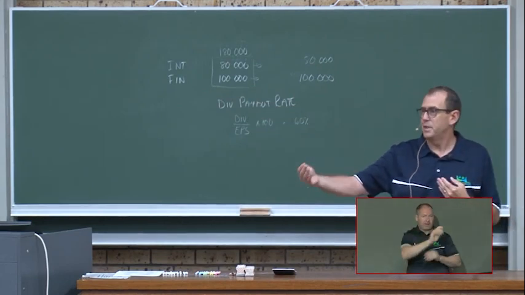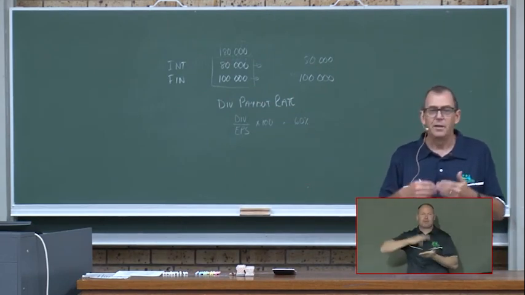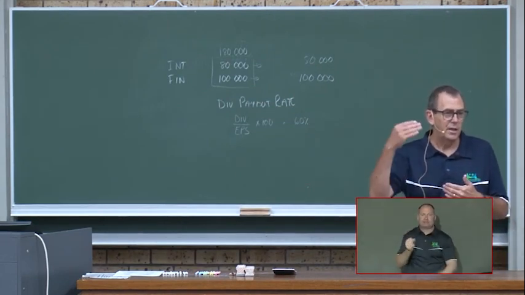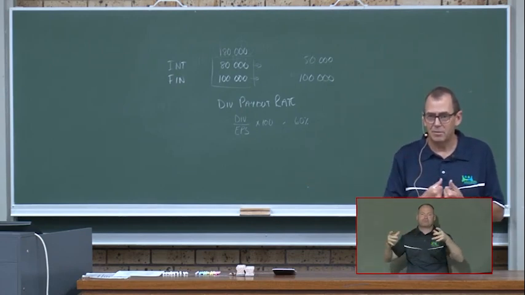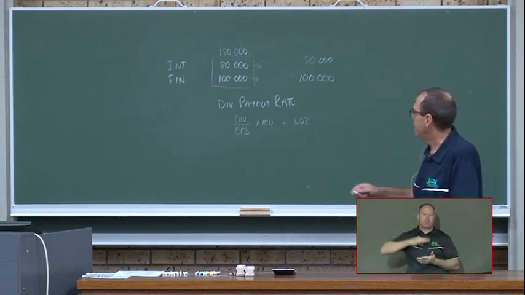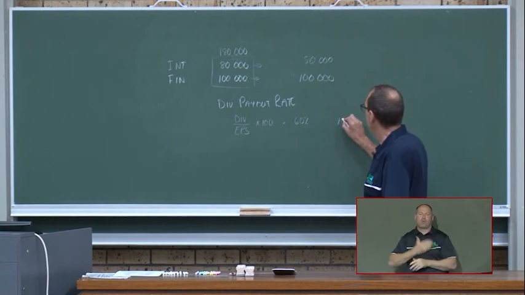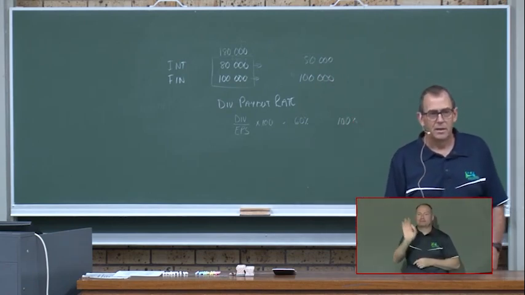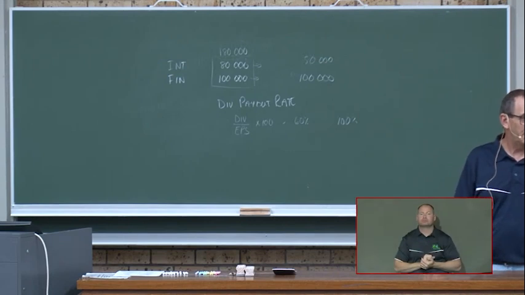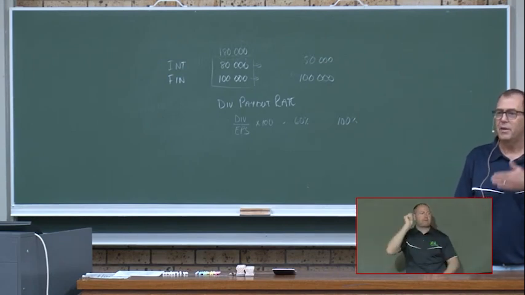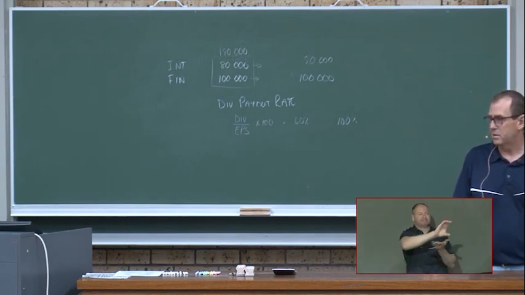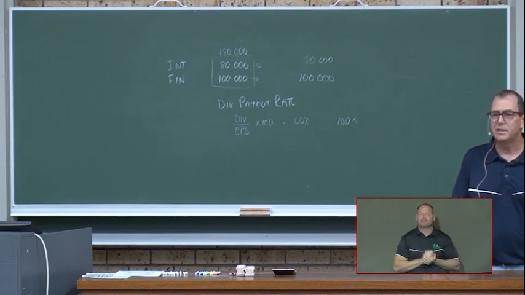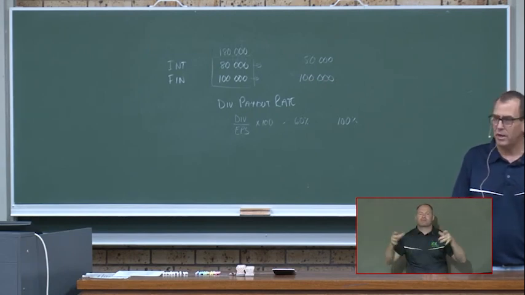That means they are retaining some of their profits, and that means that business wants to expand because they retain some of their profits. If my dividend rate is 100%, what does that mean? They gave out all their profits. And if they give out all their profits as dividends, it means they do not want to expand. That's all you have to remember.